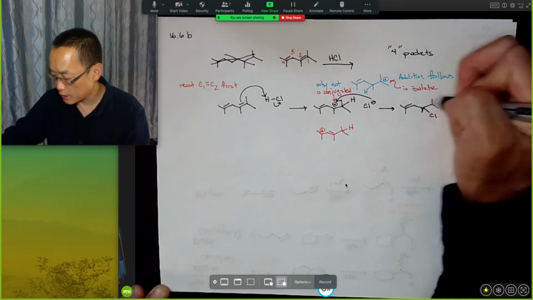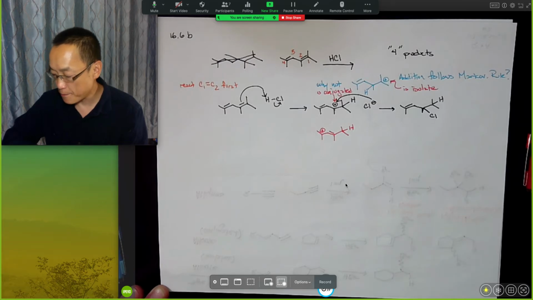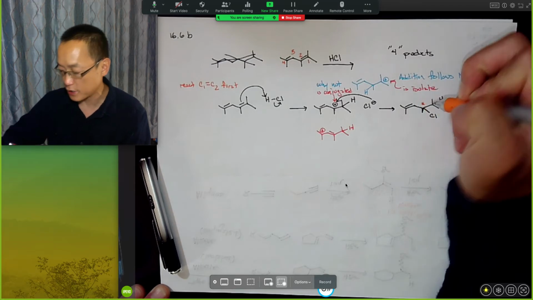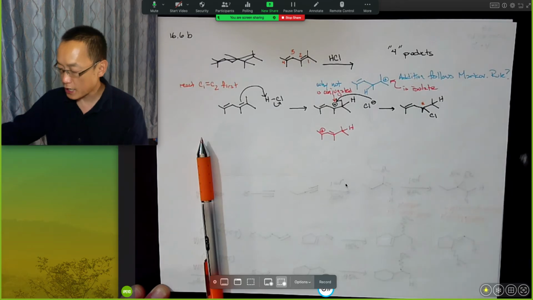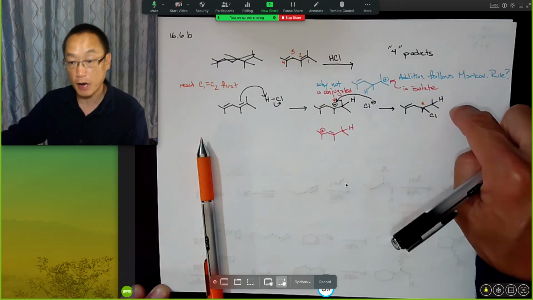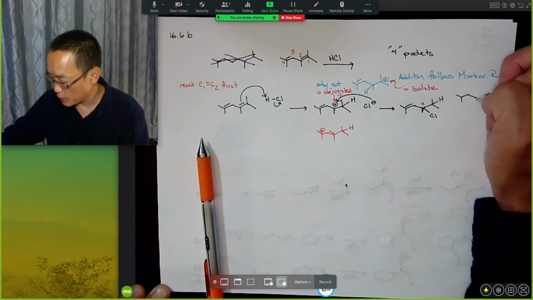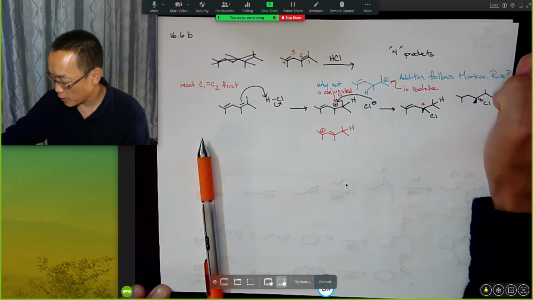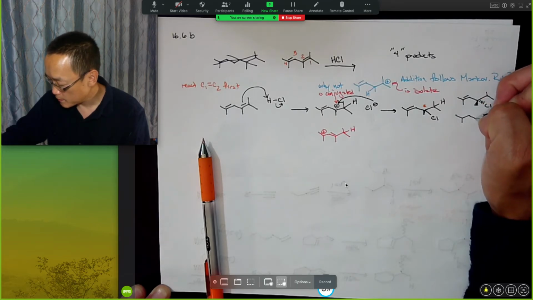And this double bond will not move at all. At this point, we have to acknowledge that this carbon right here is chiral, and so the actual answer that we would derive from this product right here would be this product and its enantiomer.